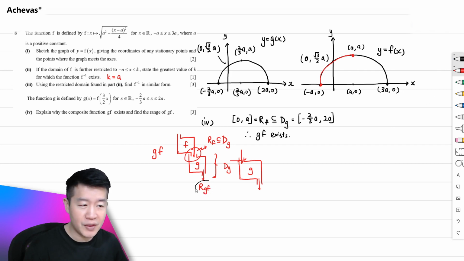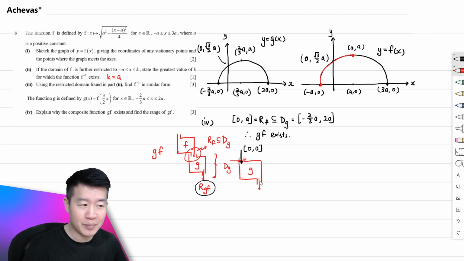So in order for this to happen, we let what comes out from f go into g, just like how it behaves in a composite function. So for g, I'm going to let what comes out from f, which is the range of f, so the set of values from 0 all the way until a, go into g.